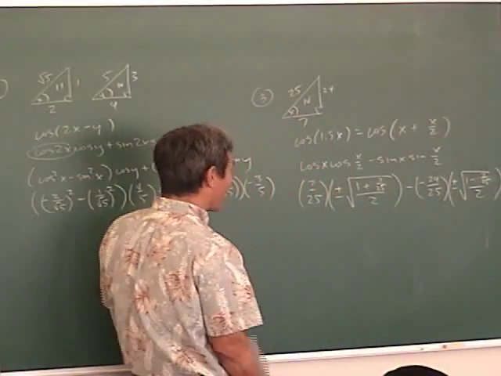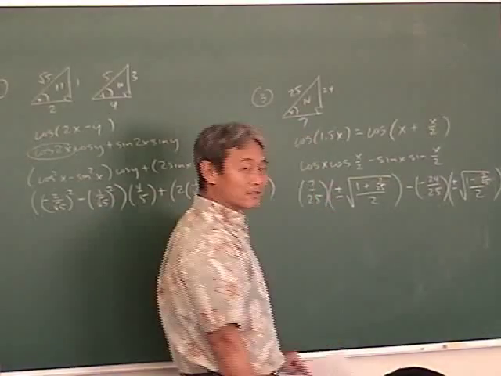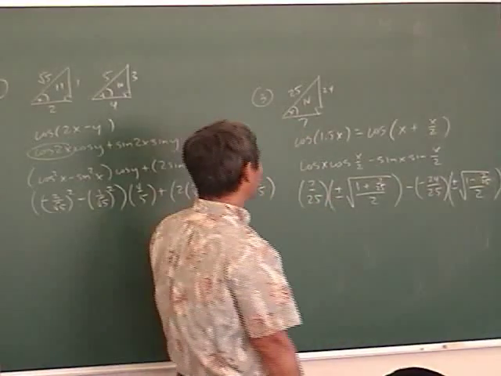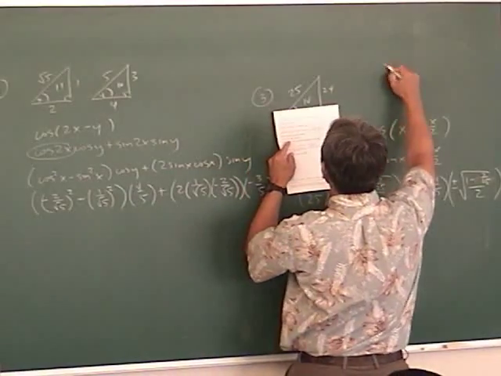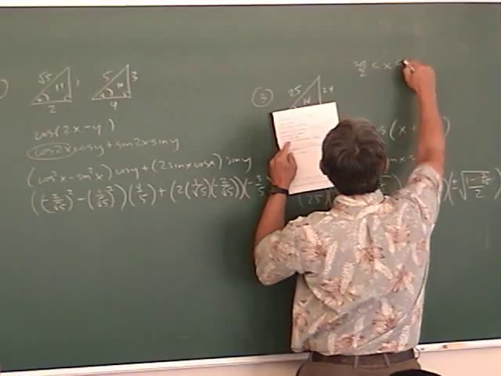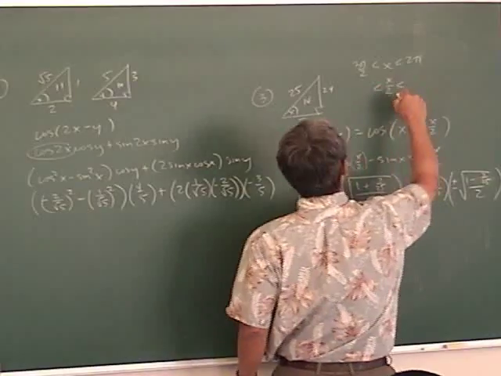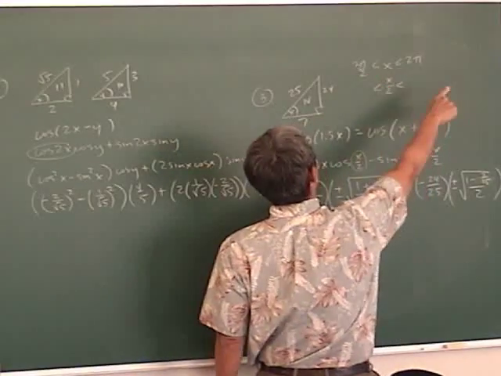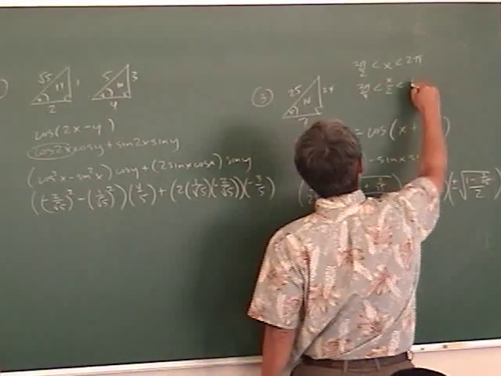Okay, the only thing you have to figure out now is, how do I figure out which one to use, the plus or the minus? Well, you have to look at the quadrant of this angle. Well, in this problem, didn't it say x is between 3 pi over 2 and 2 pi? Therefore, x over 2 has to be between, what happens if you multiply everything by a half? 3 pi over 4 and pi.